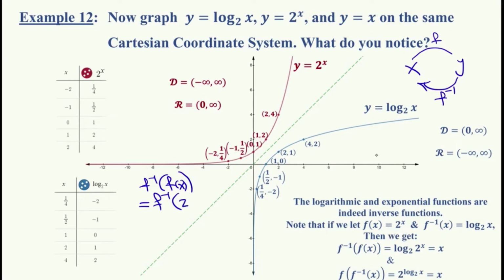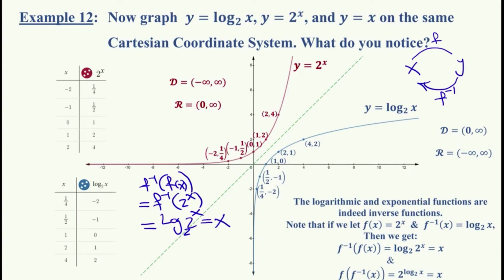So it's going to be f inverse of 2 to the x, which is going to be apply the action of f inverse to this input now. The input is 2 to the x. So you get, instead of x, put 2 to the x. So you get log base 2 of 2 to the x, which is, as we learned a minute ago, x.